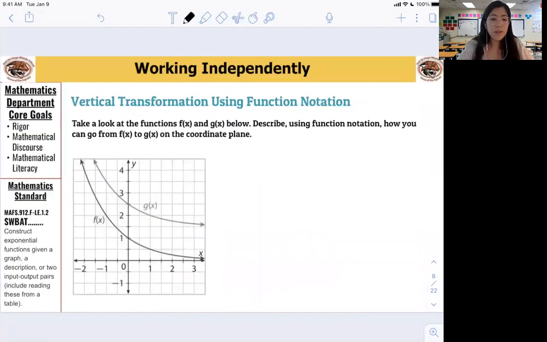So now I want you guys to do the same thing with this example. Write it down using words and then write it down using algebra. So do the same exact thing using words and then using algebra.